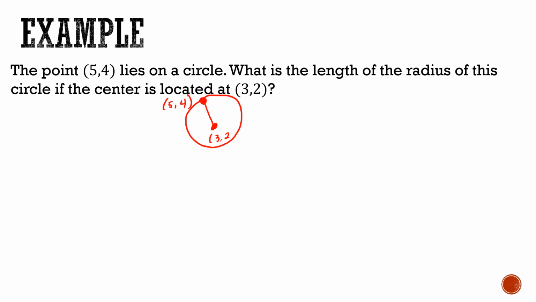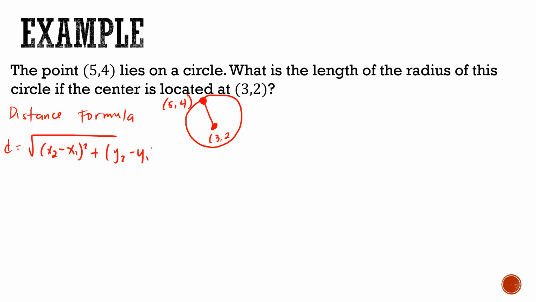Now to find the length of the radius, we will be using the distance formula. The distance formula states that d is equal to the square root of the quantity x sub 2 minus x sub 1 squared plus the quantity y sub 2 minus y sub 1 squared.